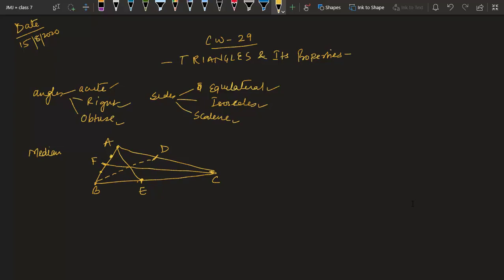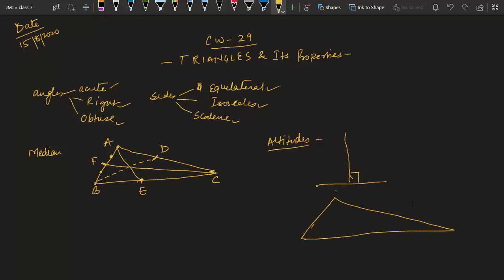Now we'll see about altitudes. Altitude, as I have told you, is the perpendicular from vertex to opposite side. Perpendicular means something standing at an angle of right angle. So if you have a triangle like this, here also you can have three altitudes.